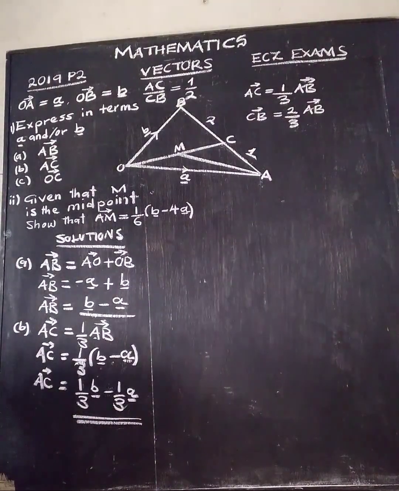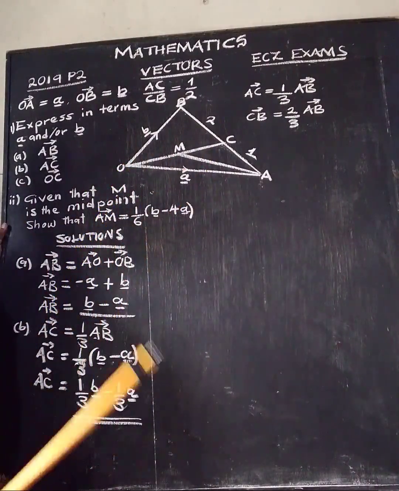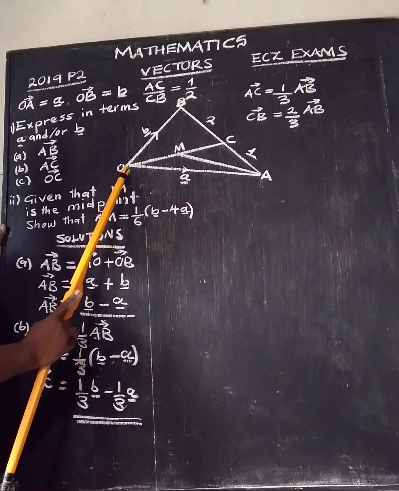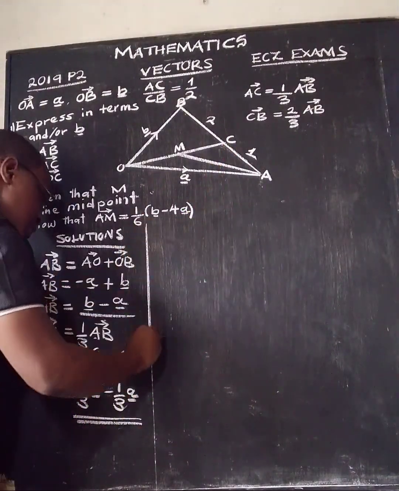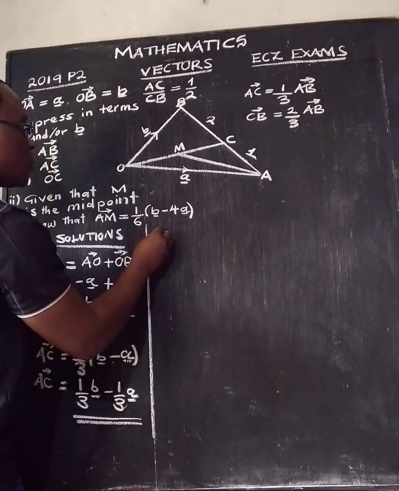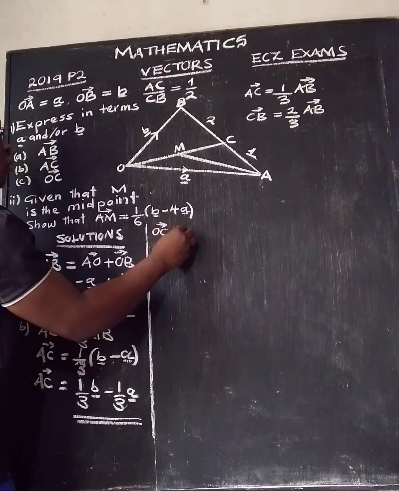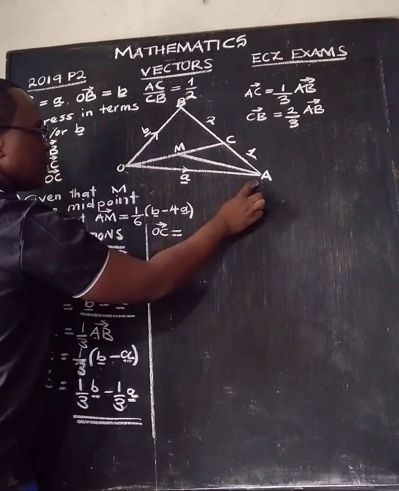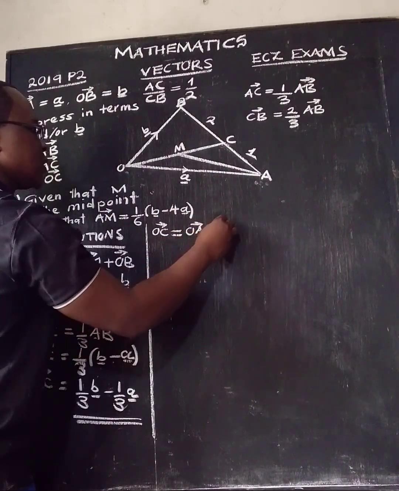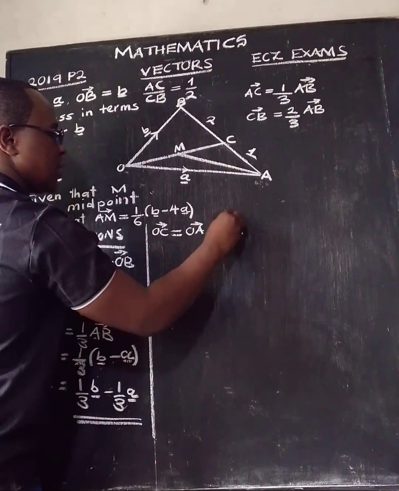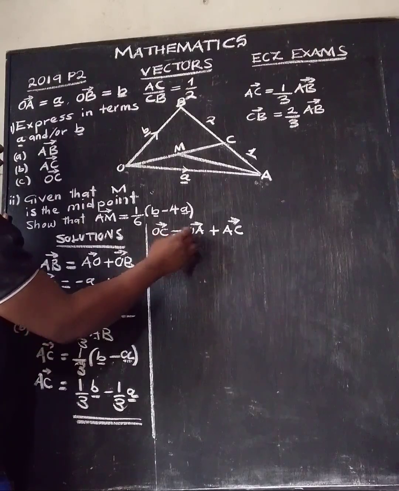Okay, let's find OC, from O to C. From O to C you can move like this: OA plus AC. What is OA?